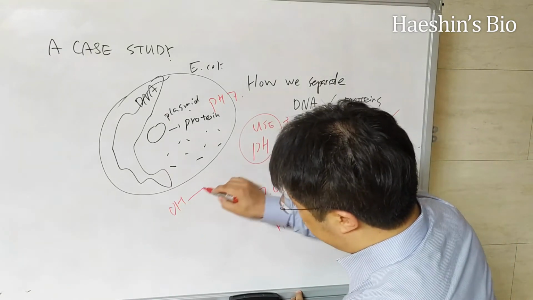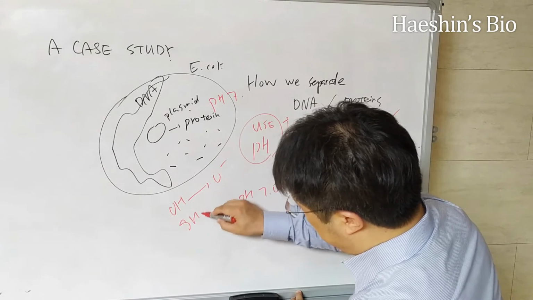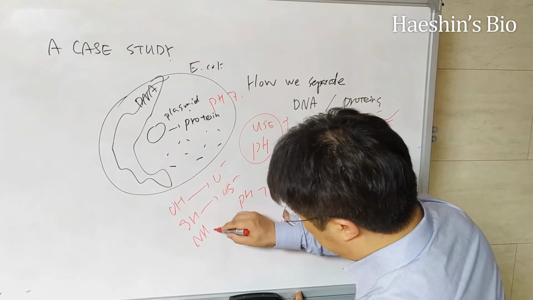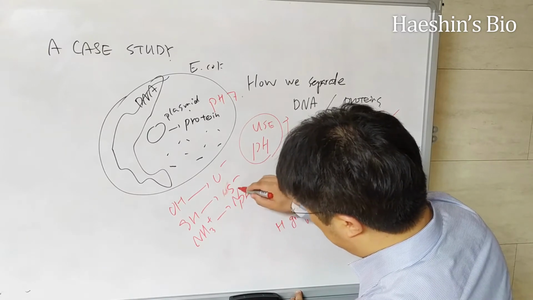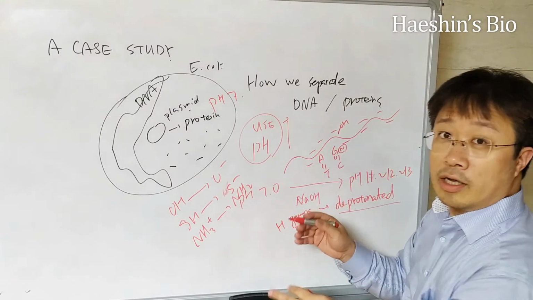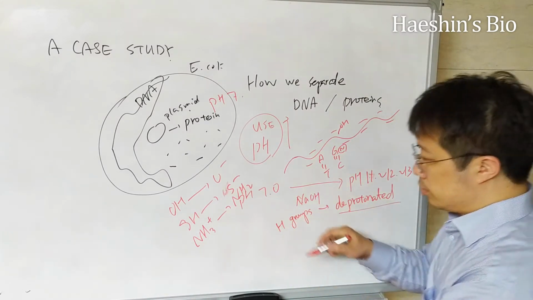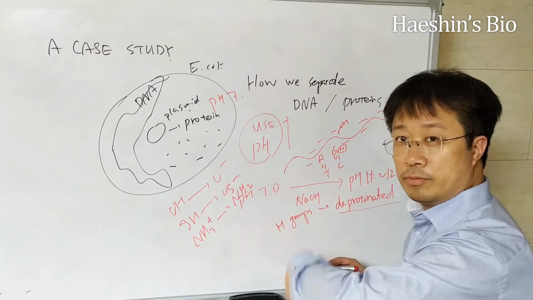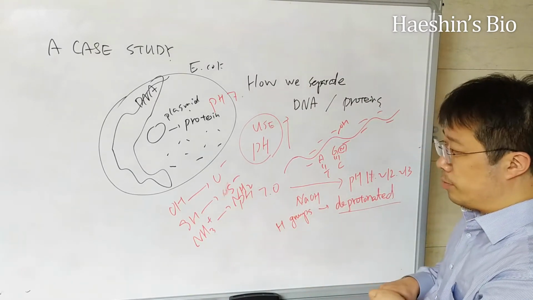See, OH becomes O minus, SH becomes S minus, NH3 plus becomes NH2. All the deprotonations are going on: the phosphate, the hydroxyl, whatever hydroxyl from serine or the amino acids, everything becomes O minus.